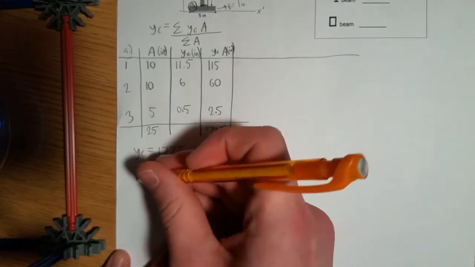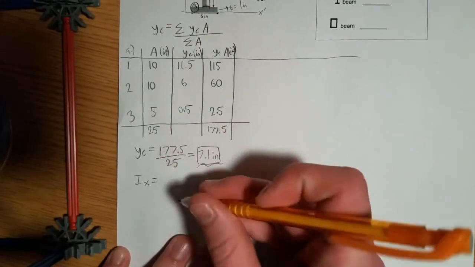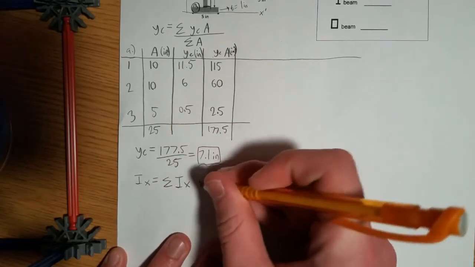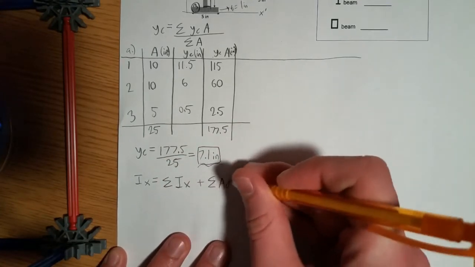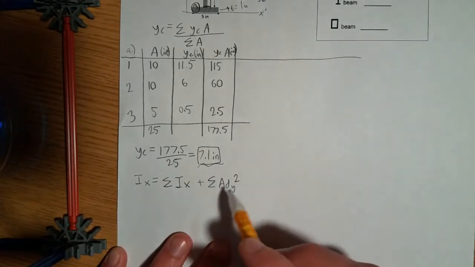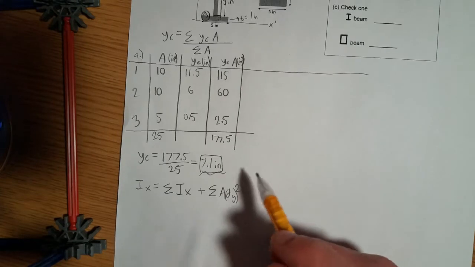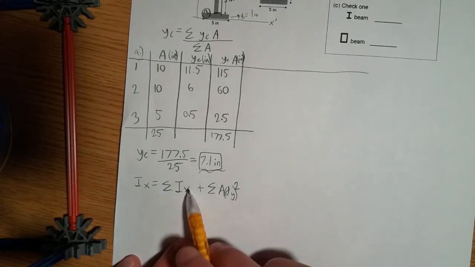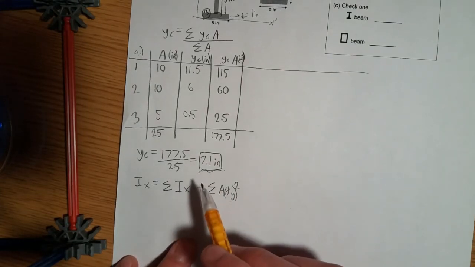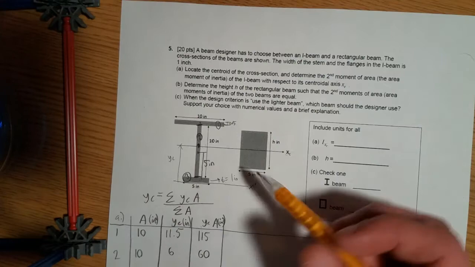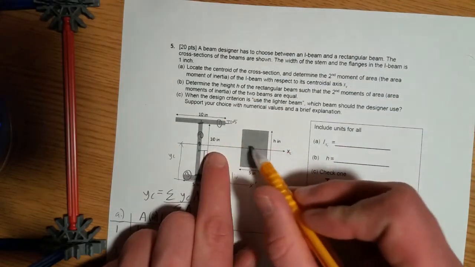I'll go ahead and write that down below. So it's going to be equal to the sum of Ix plus the sum of area dy squared. And just the dy is squared, not the area. Maybe a little parentheses around that will help. But essentially, the Ix is the second moment of inertia of each of the individual shapes by themselves. The area times the dy is trying to take into consideration their distance from the x-axis.